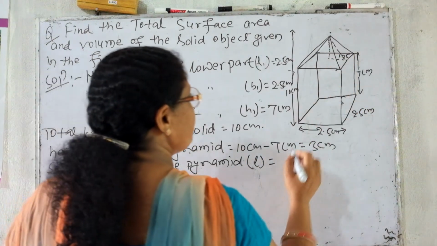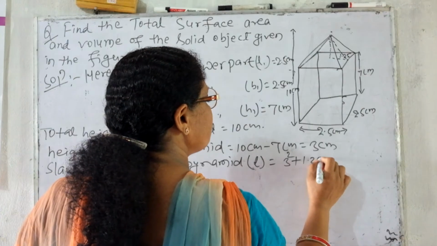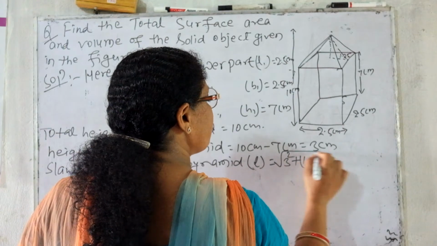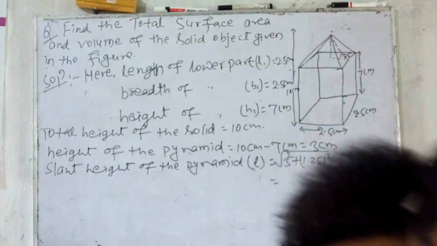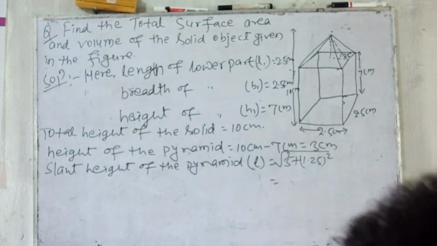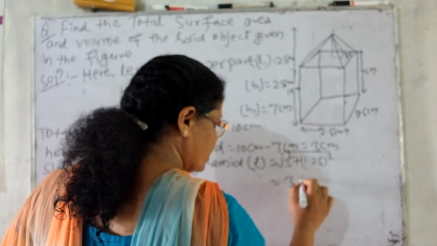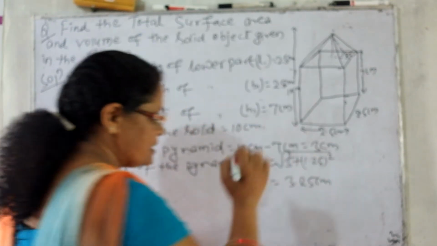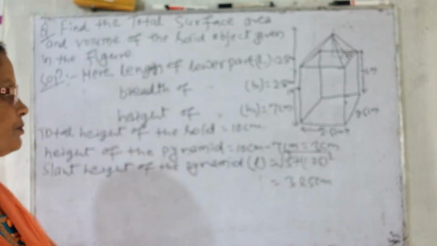Then L equals the square root of 3 square plus 1.25 whole square. After solving, it will be 3.25 centimeter, and it is the slant height of the pyramid.